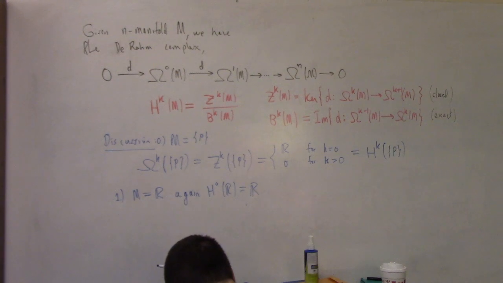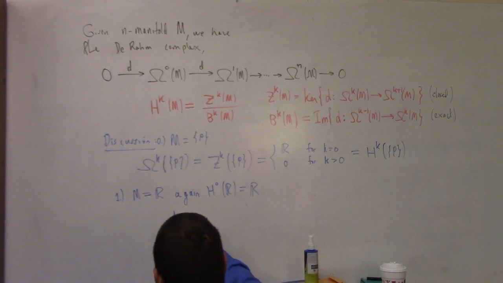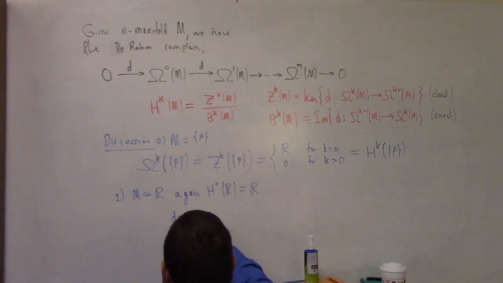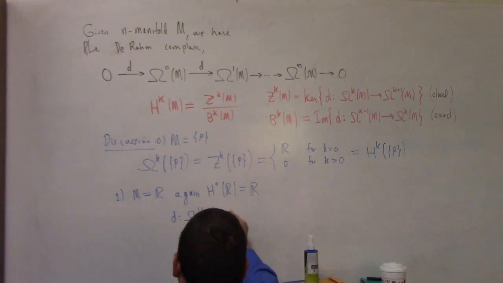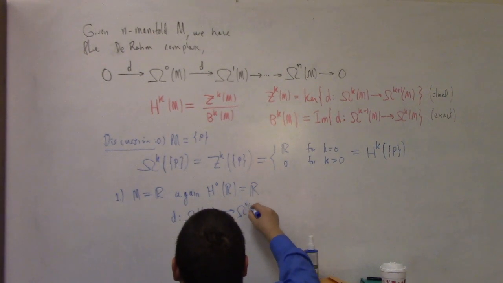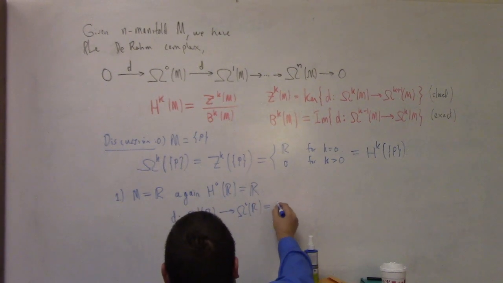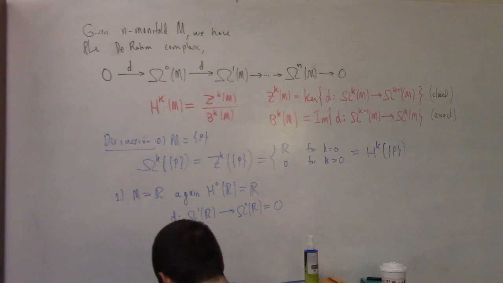He says we have d going from 1 forms over R to 2 forms over R. I mean, there are no 2 forms over R. I mean, what? What's his point here? Well, he says this is equal to 0. Okay, I'll buy that. Right, dx wedge dx is 0.